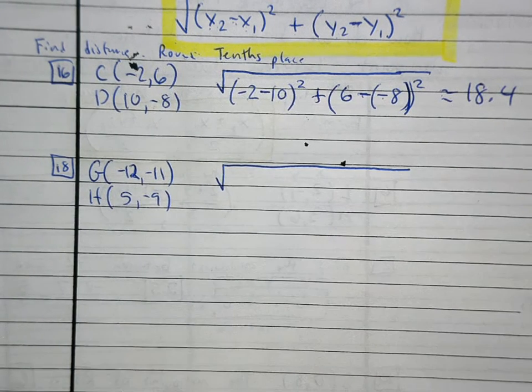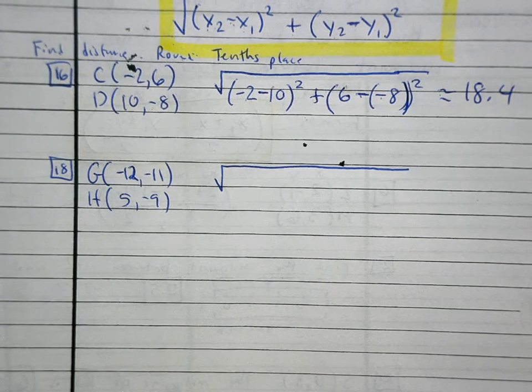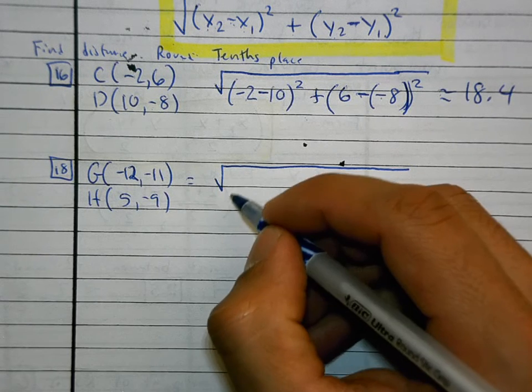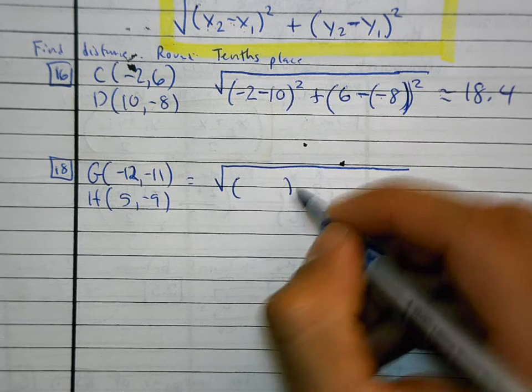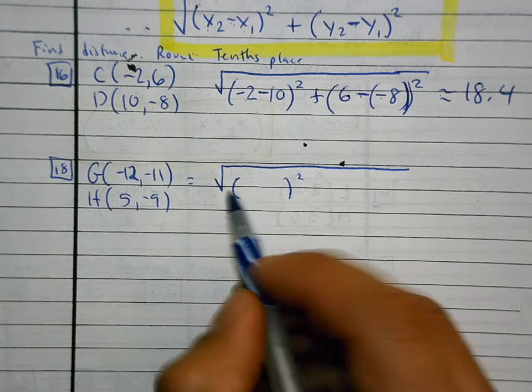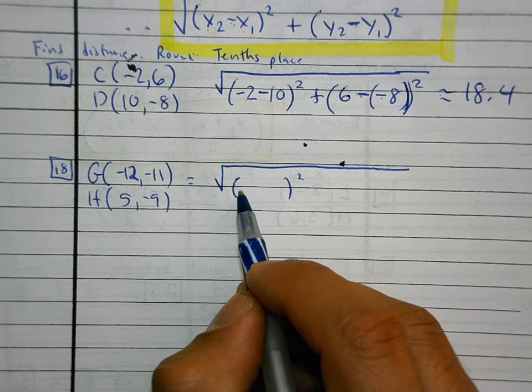So let's see. I'm going to put a big, gigantic square root. Then I'm going to have parentheses squared right there on the left side. So I want you to tell me what's the first number I'm going to put right here. What's the first number? Negative 12. Good.